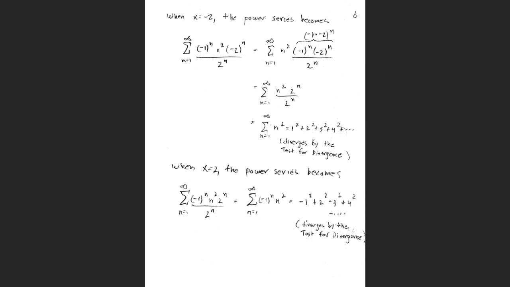So we still haven't determined if it converges or diverges, right? We don't know at x equals -2 or x equals 2 if the power series converges or diverges, because the ratio test gives us no information at those x values. So what we have to do is actually go in manually.